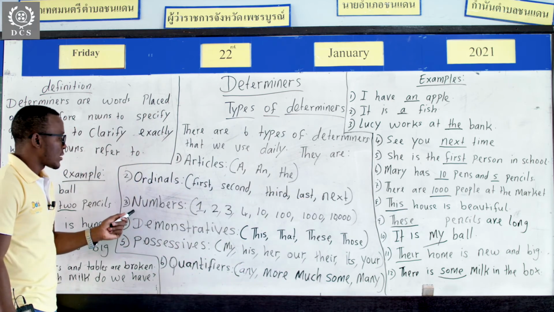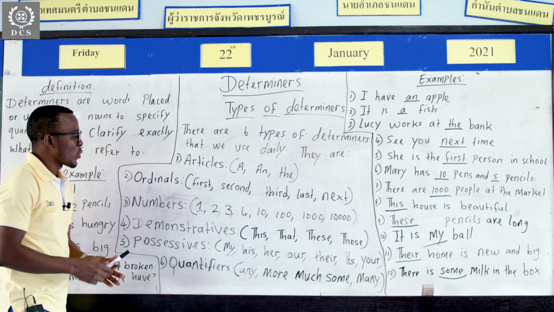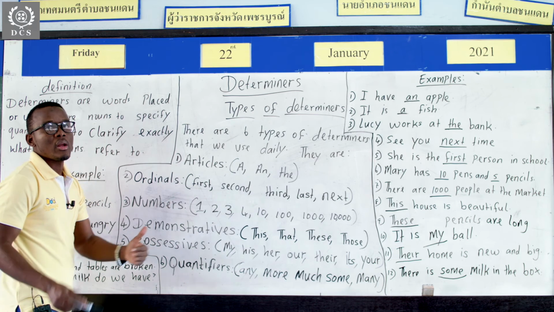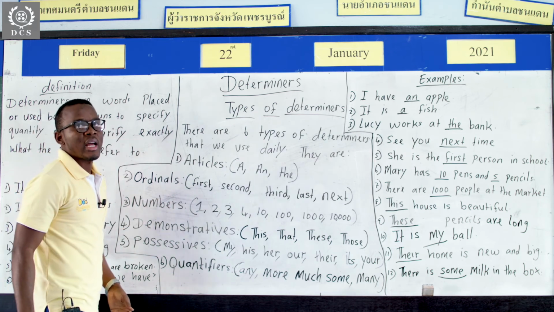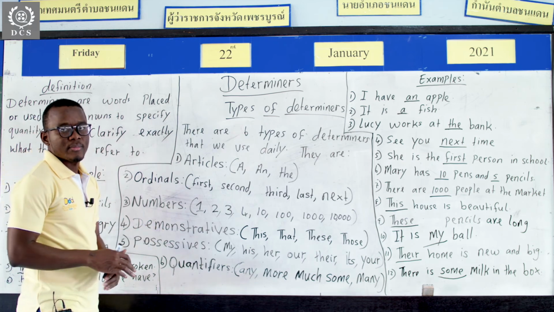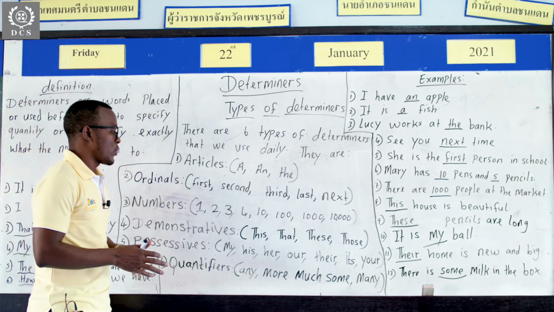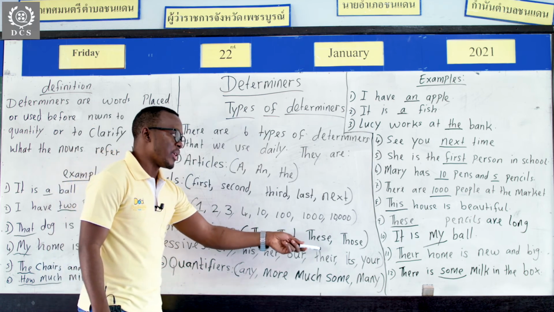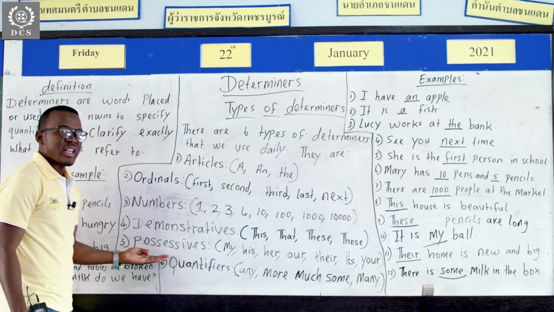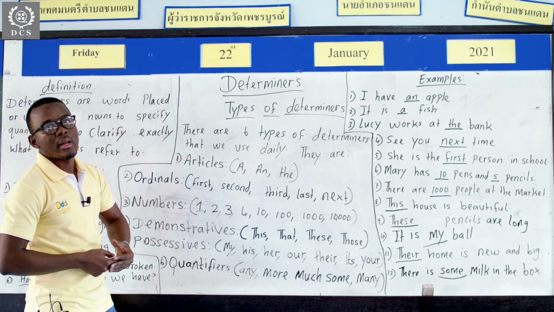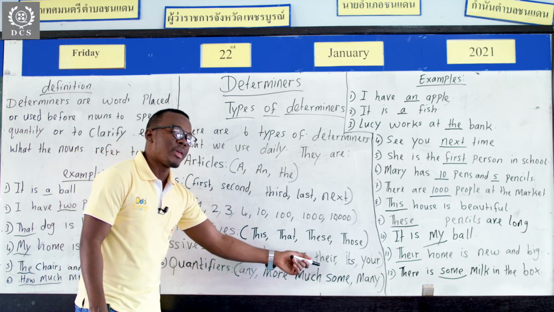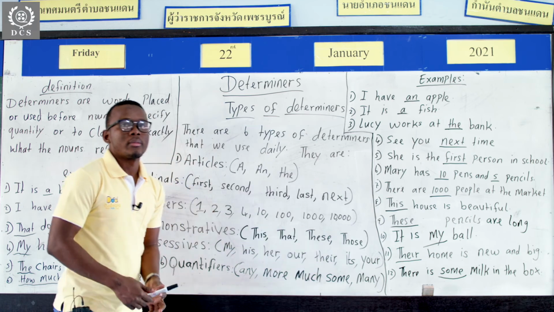The third one is numbers. We have 1, 2, 3, 4, 5, 6, 100, 1000, 1 million, and it goes further and further. The next one is demonstratives. We have this, that, these, those. Next is possessive determinants: my, his, her, our, their, its, your.